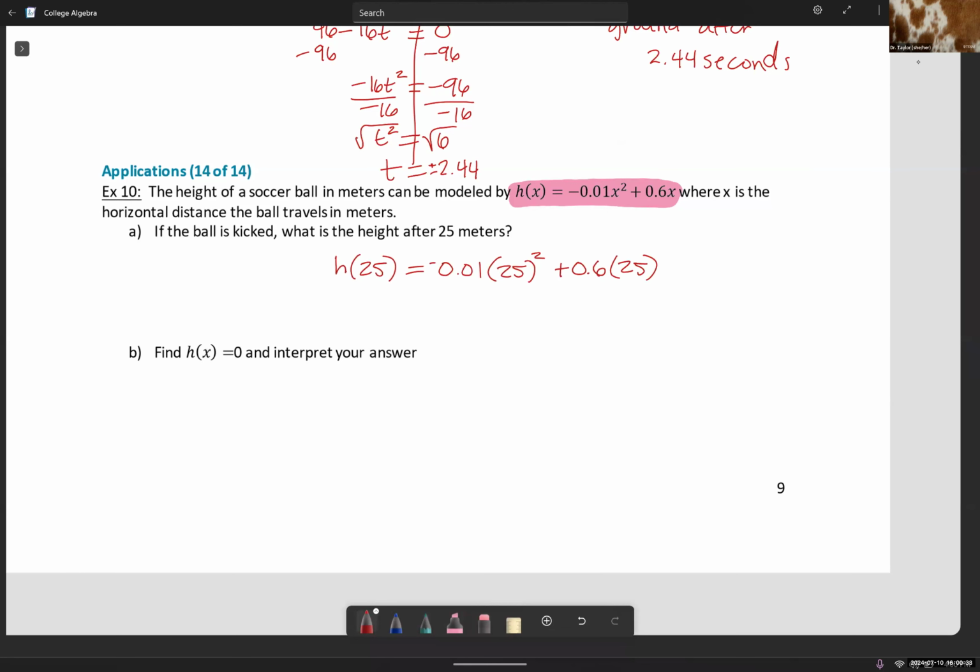Negative 0.01 times 25 squared plus 0.6 times 25. I got 8.75. Anybody else get something different?